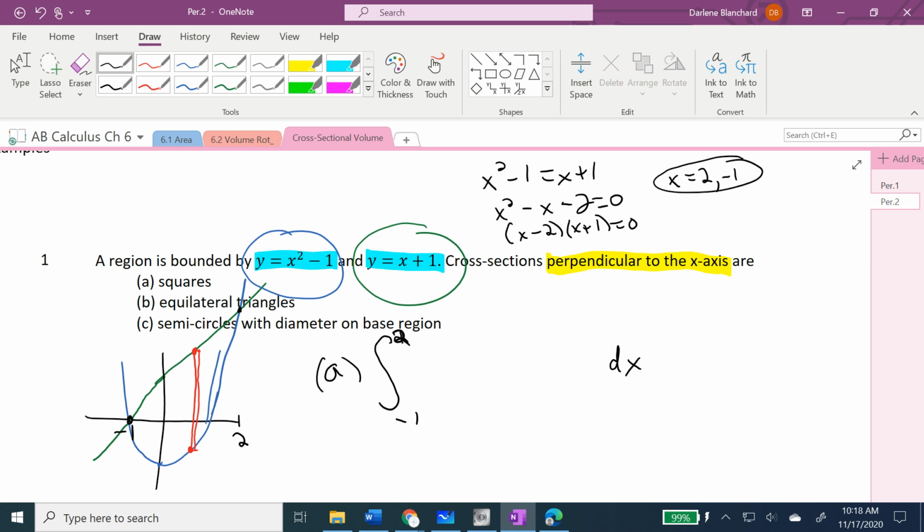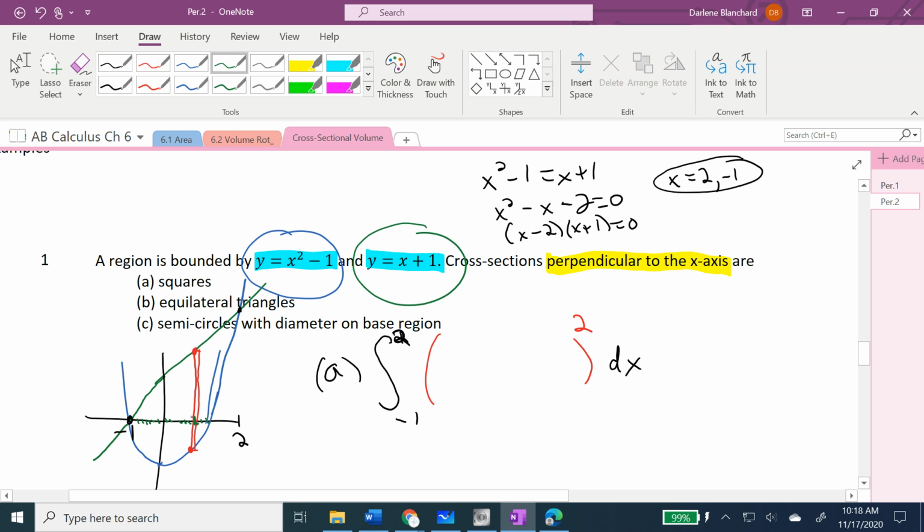what is the area formula? For part A, it's a square. So area formula of a square: length of side squared. Then the length of each side is based on which x you are located at.